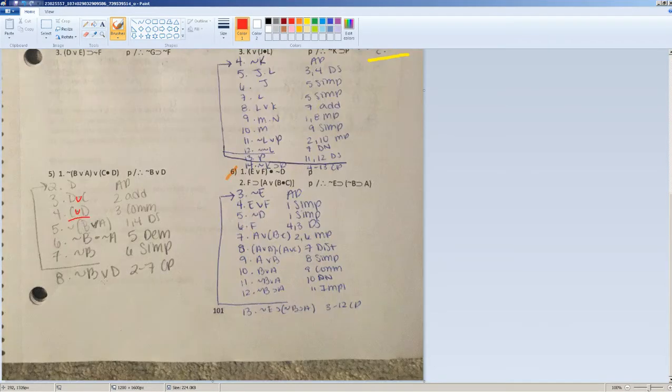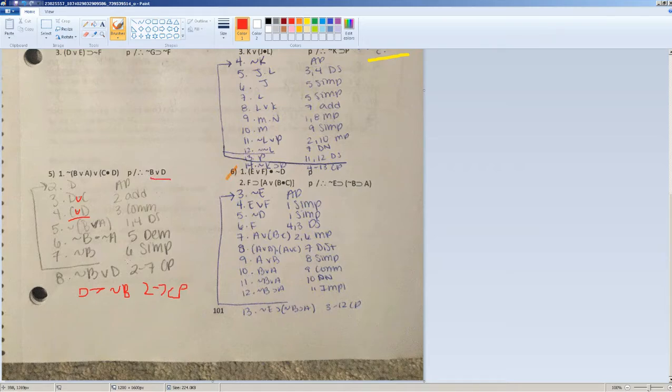We got to look at 3. So, basically, if you assume D and you get to B, then when you close this off, you don't have this statement. What you would have is D, if D, then not B, by 2 and 7. But that's not even correct by CP. Alright, so ignore that. But that's how you're going to write it. But then you would need to get it into that form, right?